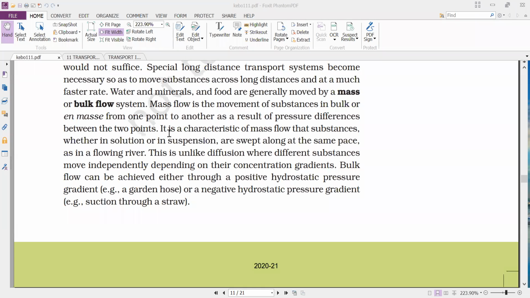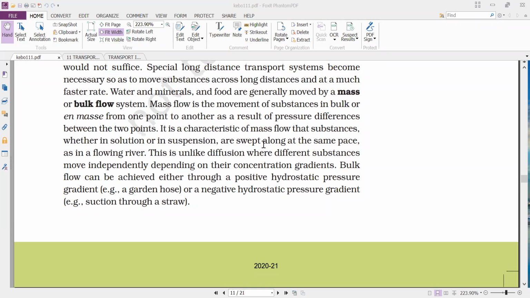Next, it is a characteristic of mass flow that the substances, whether in solution or in suspension, are swept along at the same pace.